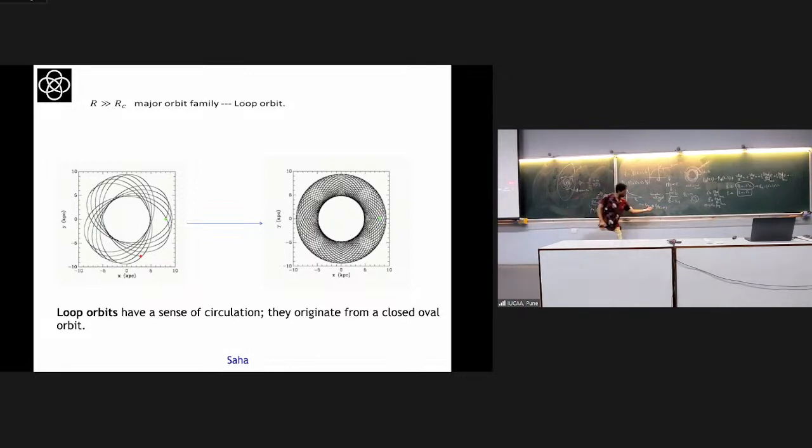I add a term, which is some kind of constant scale factor, such that when r equals 0, it does not go to infinity, but goes to some constant value. This is how you modify the density distribution of the dark matter halo, and this is basically called the pseudo isothermal halo.